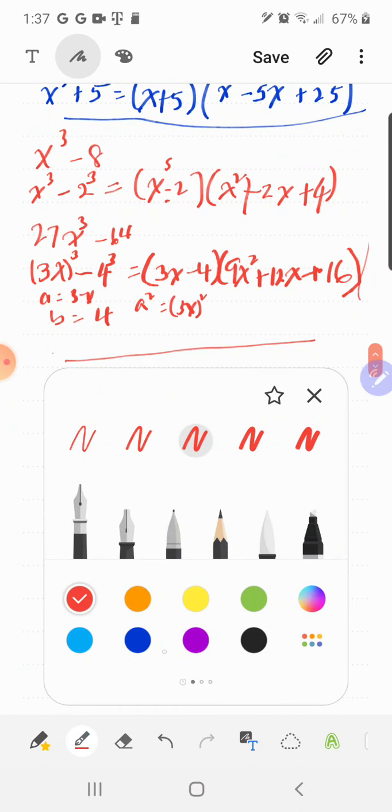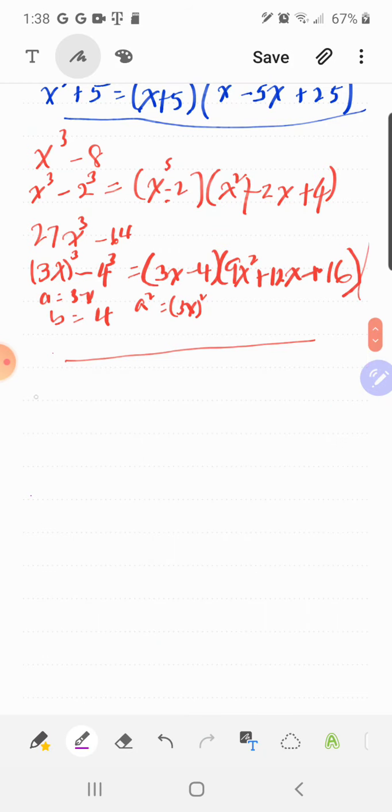16x cubed minus 54. Now there is another layer to it. 16 is not a cube, so it will not work for us. 54 is not a cube.